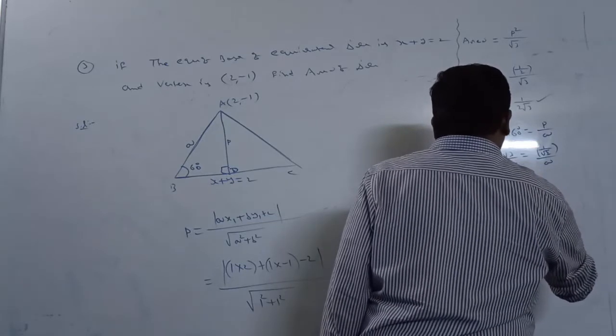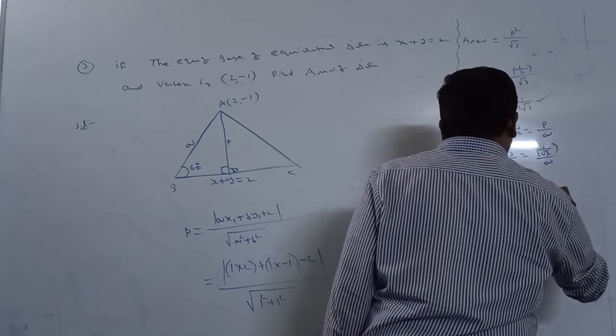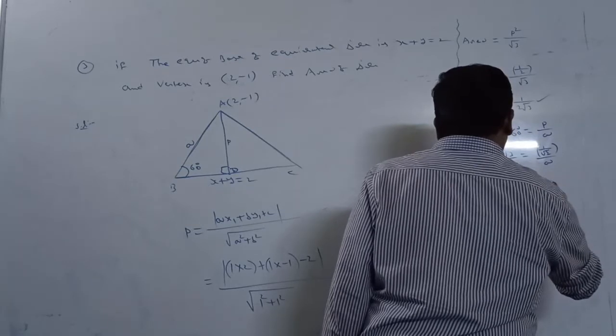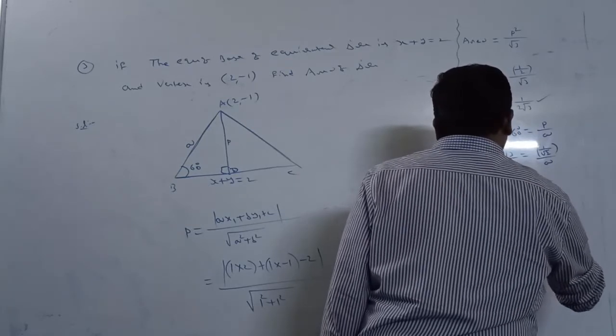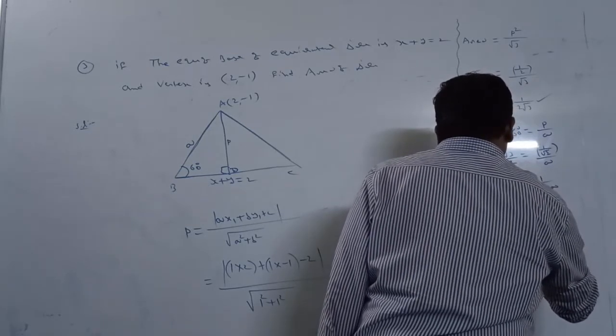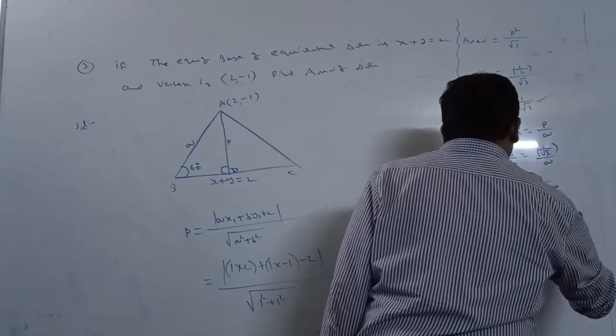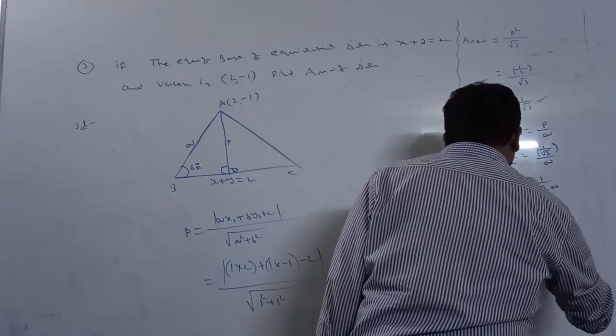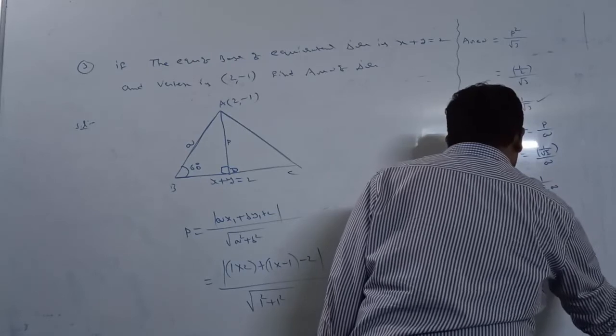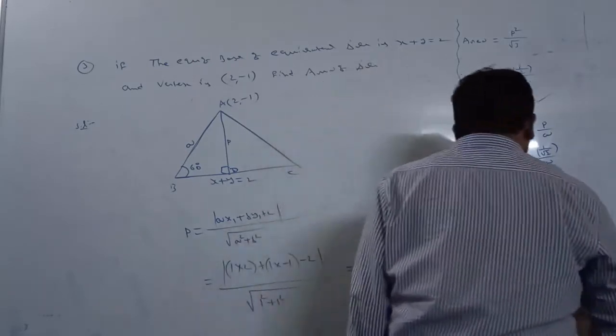Root 3 by 2 equal to 1 by root 2 A. Now root 3 into root 2, A into root 6 equal to 2. So A equal to 2 by root 6.